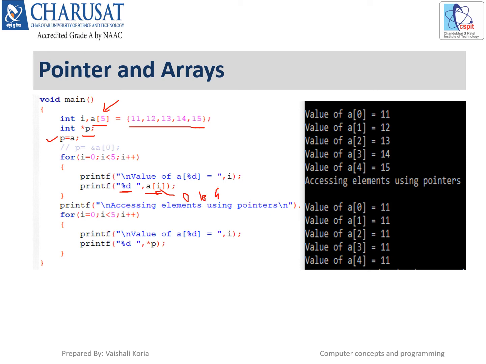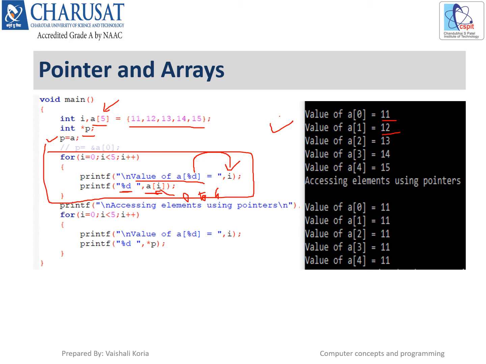These values will be the indices of the array elements. So when you print the array elements using this for loop, you get this kind of output: a of 0 would be 11, then 12. And before printing the actual value, we are just printing a message, value of a %d, so at the place of %d, we print the value of I.